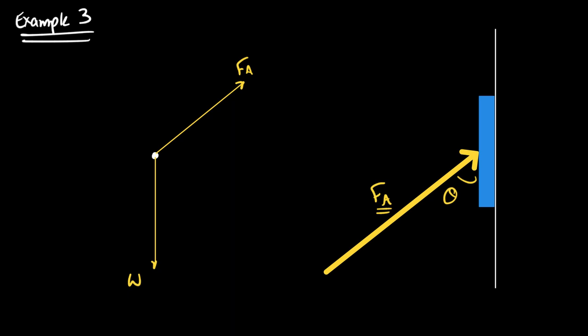Is the object in contact with any surface? It was in contact with the board. So I need to draw a force that indicates that there's a perpendicular force given by the board to the book. The only possible way that could be is this way.